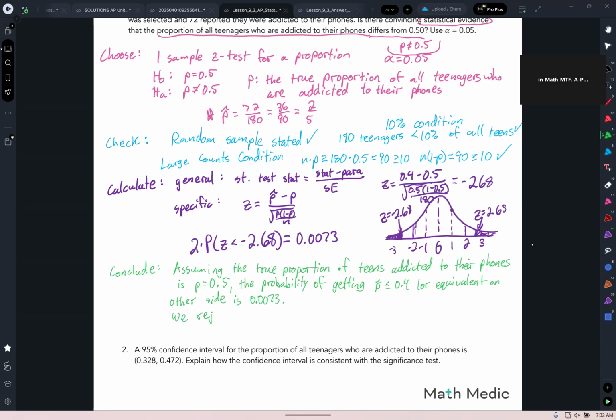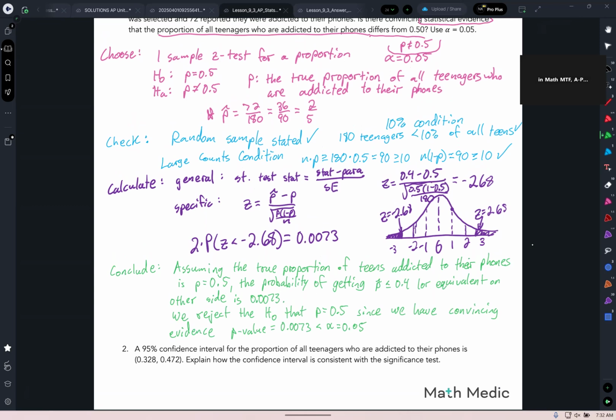We reject the null hypothesis that p equals 0.5 since we have convincing evidence. Remember, that's where you need to compare the p-value to alpha. The p-value equals 0.0073, which is less than my alpha equal to 0.05.